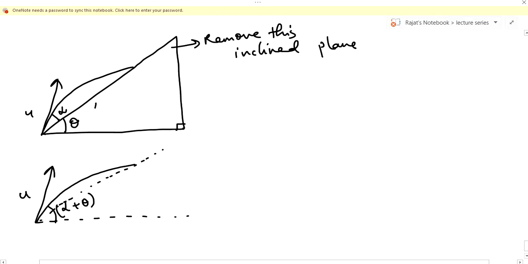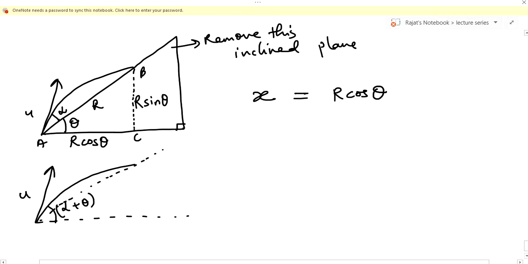If this is the range, I can break this range into two components. Look at this triangle ABC: AC will be r cos theta and BC will be r sin theta. So for this particular projectile, the x displacement is r cos theta and the y displacement is r sin theta.